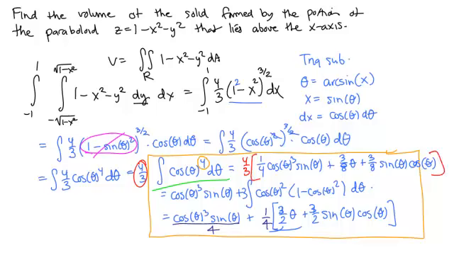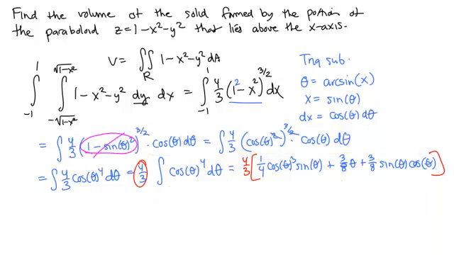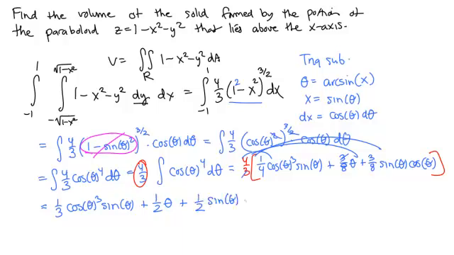And finally, we have an antiderivative. Distributing this through the 3 pieces, we will come up with 1/3 cosine of theta cubed times the sine of theta, plus, the 3's will cancel, we'll have 1/2 of theta plus 1/2 the sine of theta times the cosine of theta.